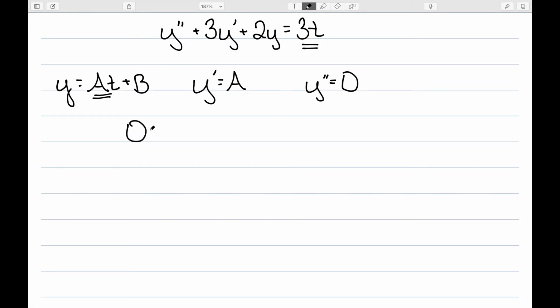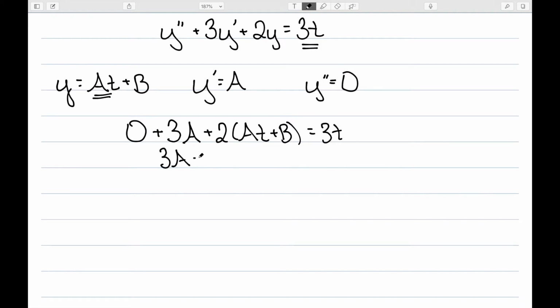So now I have 0, plus 3 times y prime, which is a, plus 2 times y, which is at plus b, equal to 3t. This gives me 3a plus 2at plus 2b equal to 3t.